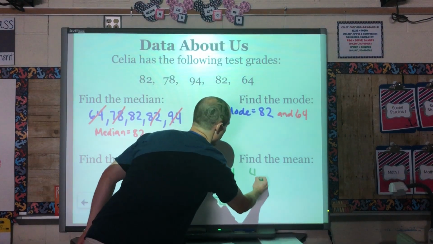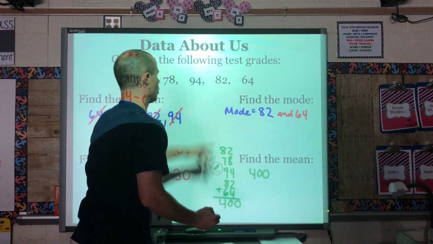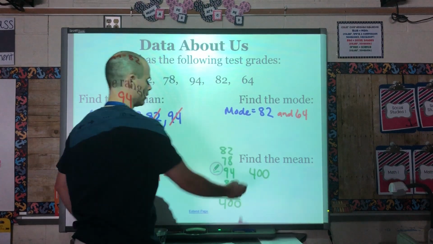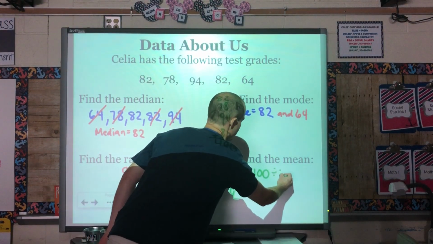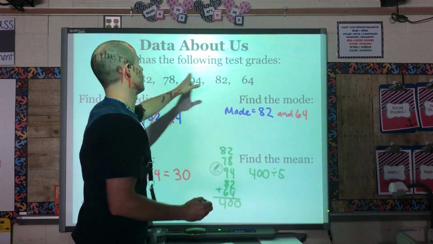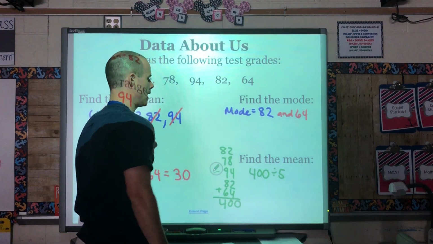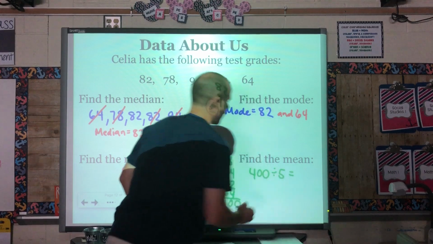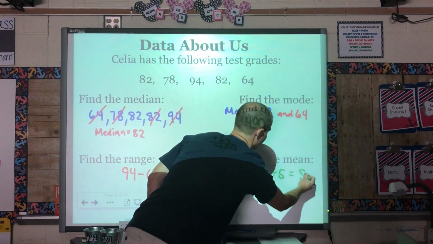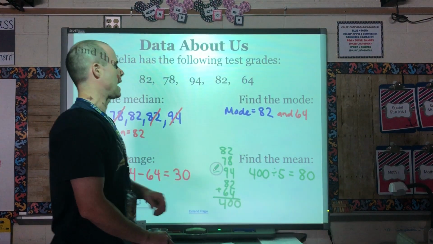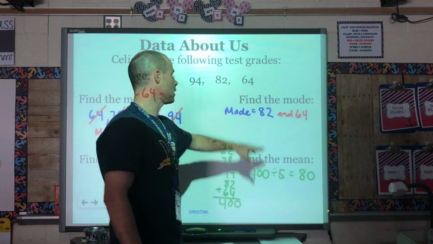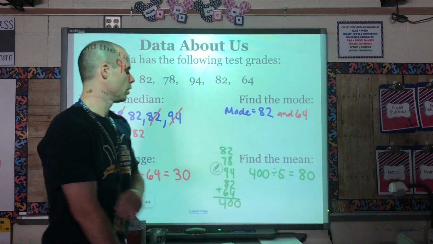So I'm taking that 400, the total amount of all of her test scores, and dividing it by 5 because we want to make 5 equal groups for the test scores. There's 5 test scores. 400 divided by 5 is going to give us an average of 80. So the average or mean of all of her test scores would be an 80.